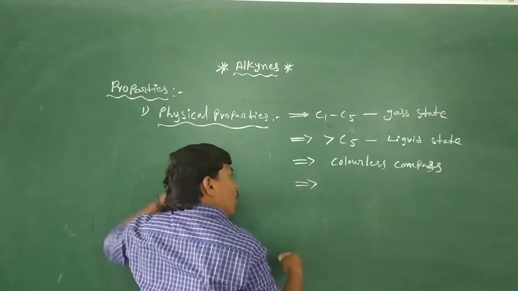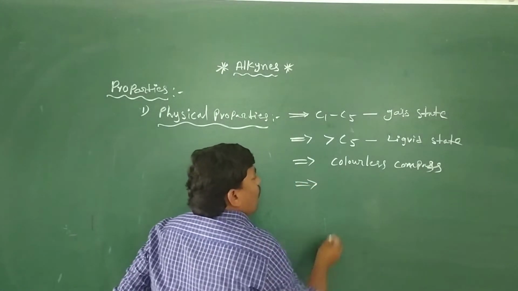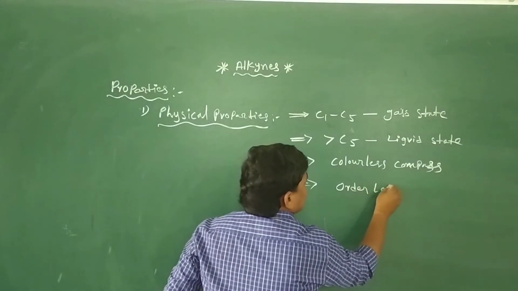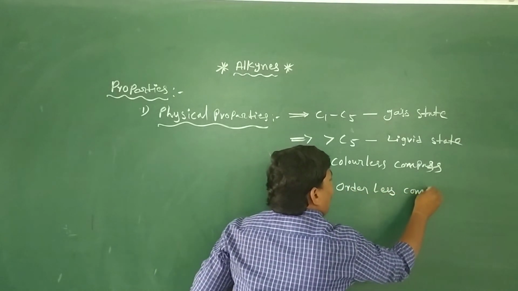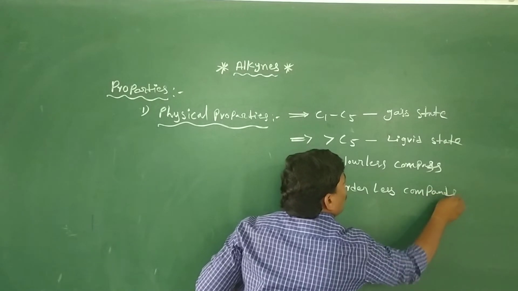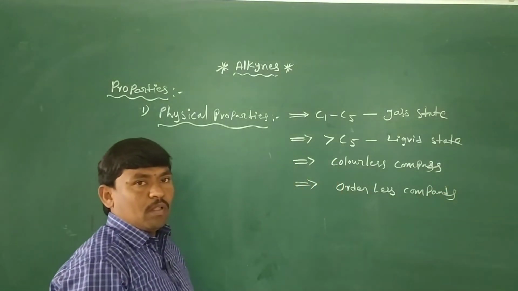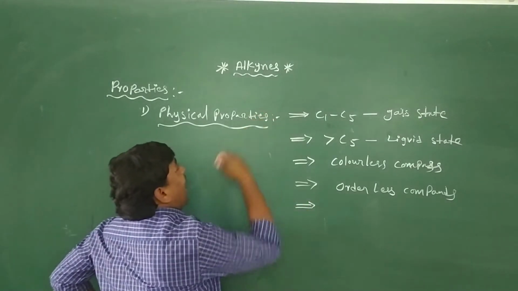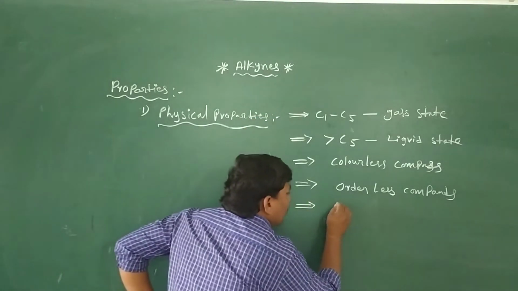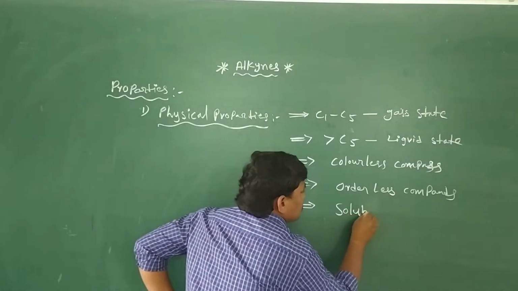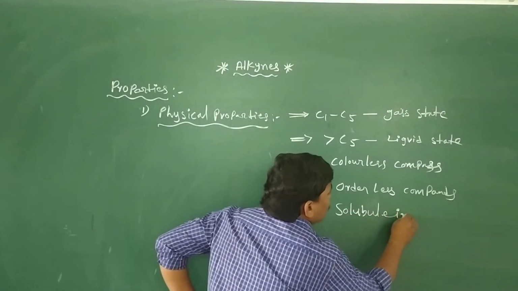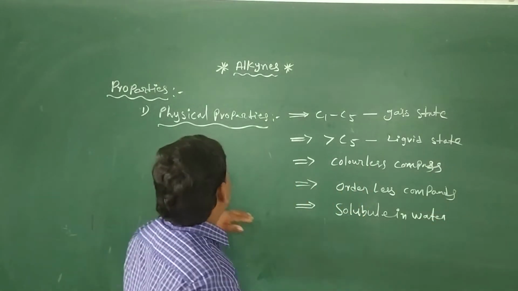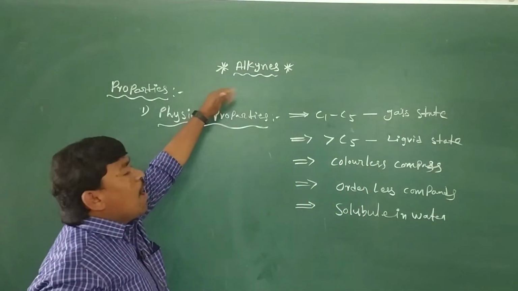And the last property, alkynes are soluble in water. So these are the physical properties of alkynes.